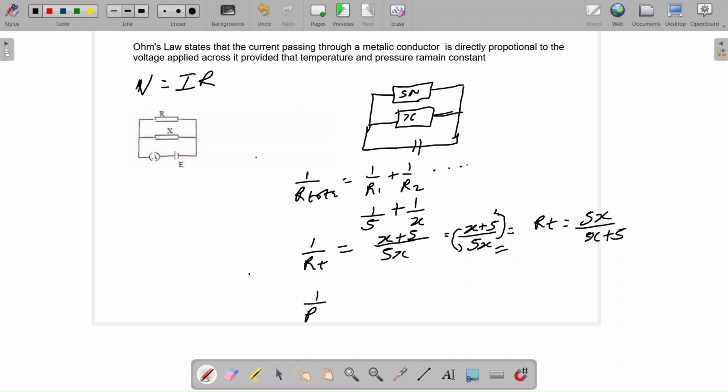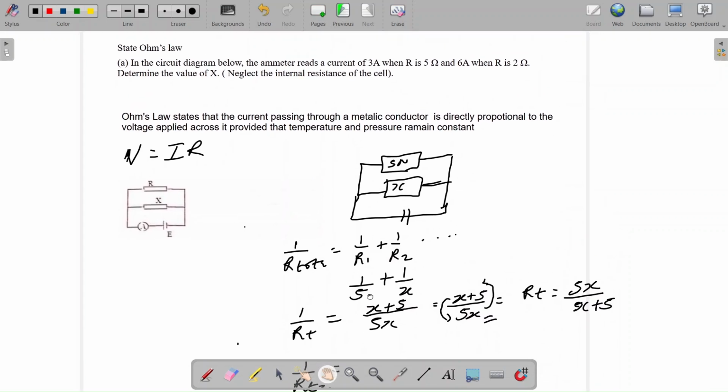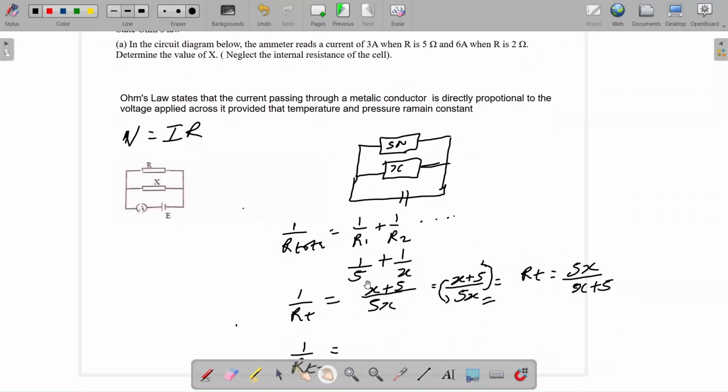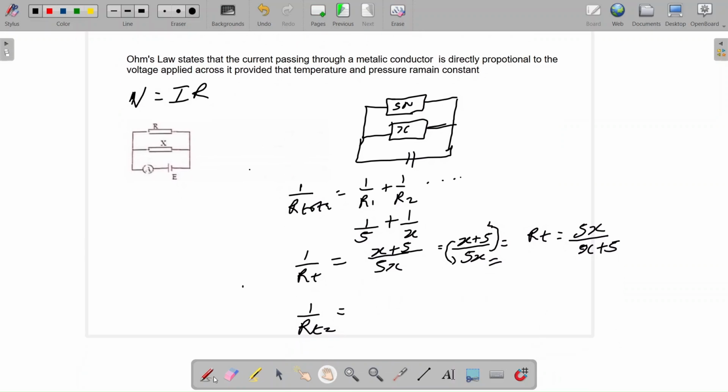Now for R total 2, when it is 6 amps, what do we have there? When it is 6 amps, R is 2 ohms. So we have 1 over 2 plus 1 over x, same x.